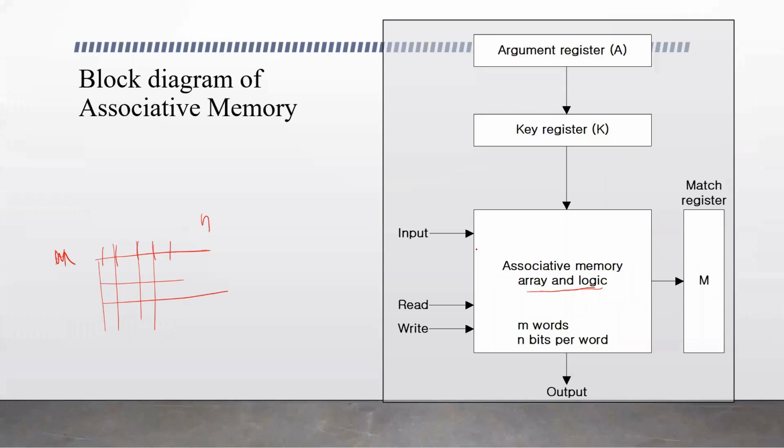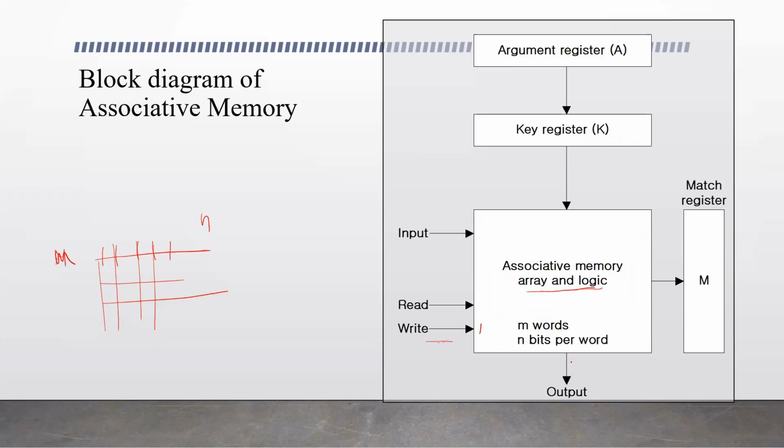When the CPU wants to write data into the memory, the input data is sent to the memory, and by enabling the write operation, the input is stored. Storing the input into the memory means writing data into the memory. Write operation is associated with input and read is associated with output.